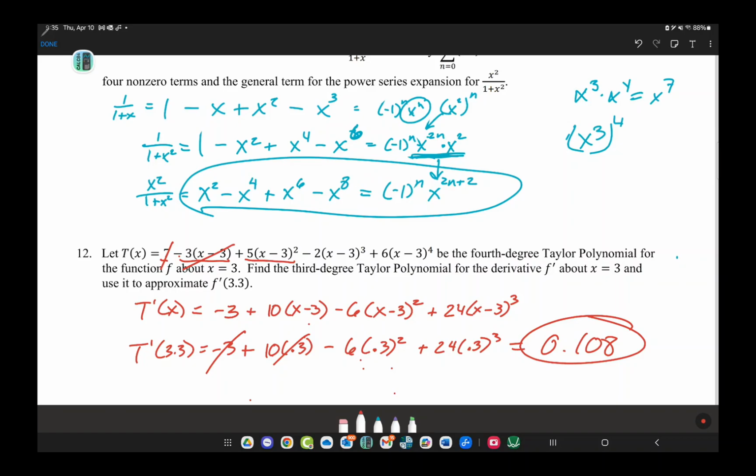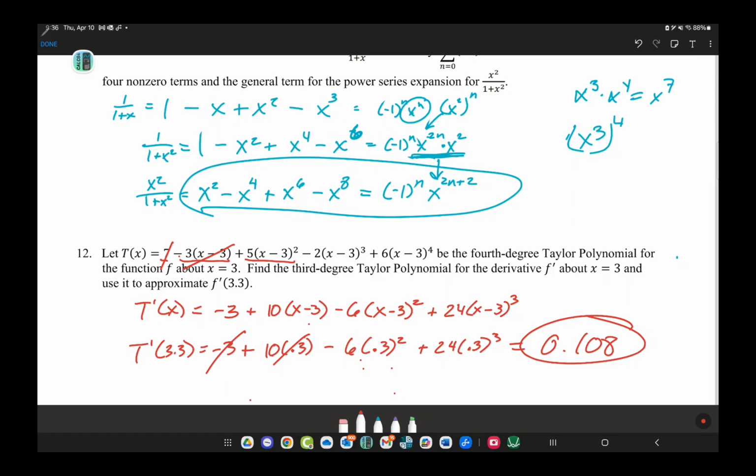All right, so let me review the questions you're going to have on the review. You're going to have question 1, 2, 3, 5, 6. Not exactly the same, but the same concept. Question 1, 2, 5, 6, 7, 8, 9, 11.